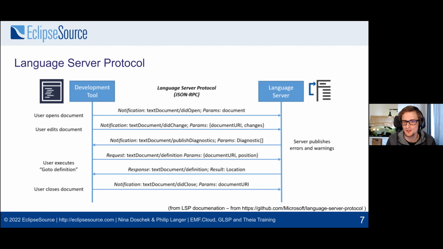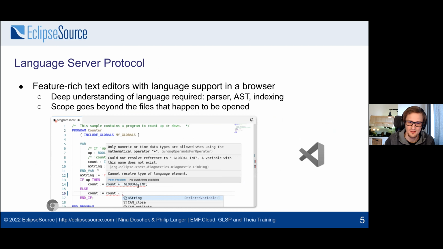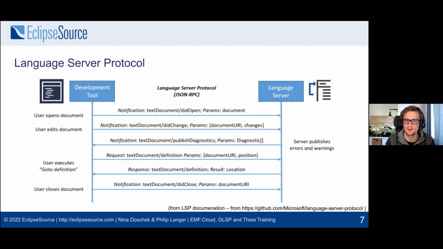Why is this necessary? Because of course, when you start editing somewhere, you might not have saved the file, but it's just an in-memory state of the document. And you would expect that also for in-memory states of the document, you receive corresponding validation errors and corresponding auto-completion suggestions and stuff like that.